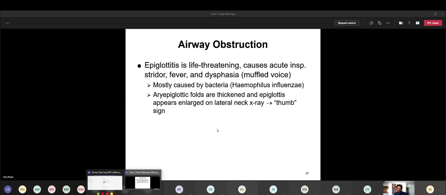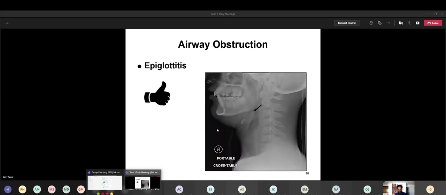So these things all add up to say that this is probably epiglottitis that the patient is experiencing. And also, once you get that X-ray and it shows the classic thumb shape, then we know what we're dealing with.